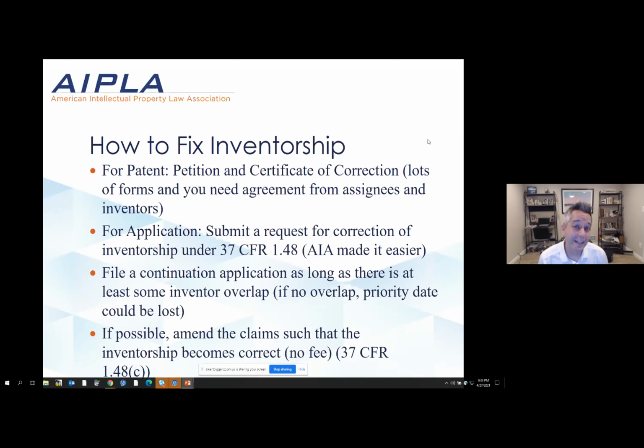It's a good idea, I would say probably best practice, when you receive a notice of allowance and you're paying your issue fee and waiting for it to issue, to do a check of the inventorship again. Make sure that the inventorship is correct. This is a good time to do it because remember that inventorship is determined on a claim-by-claim basis.